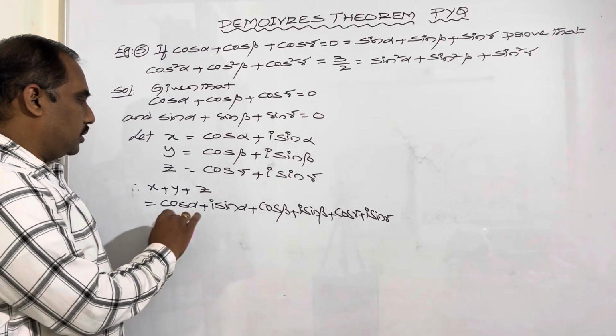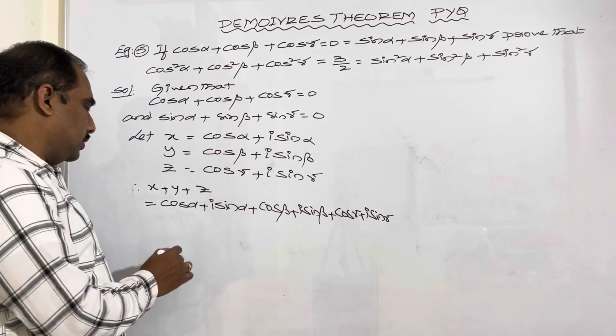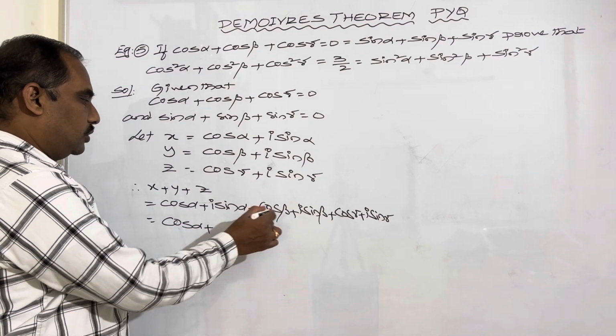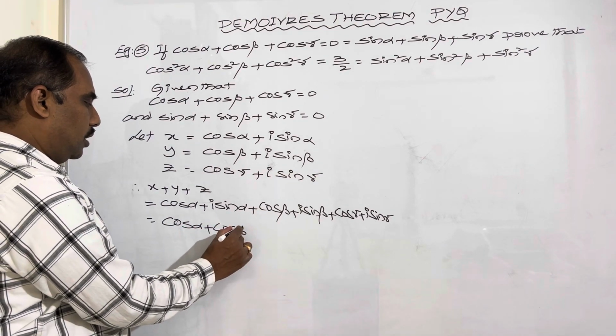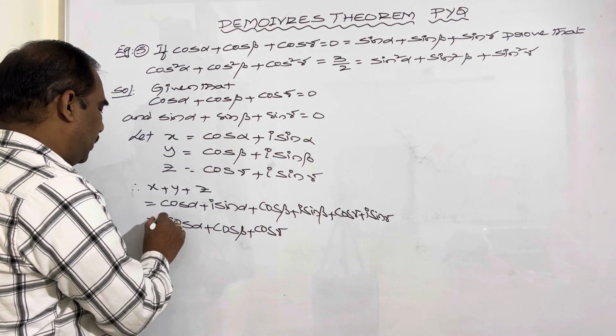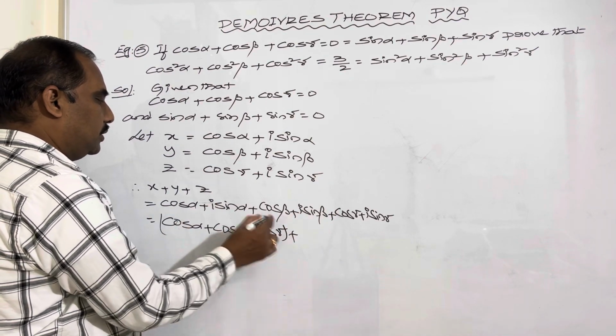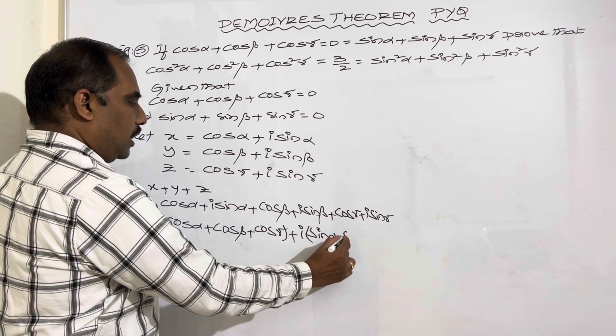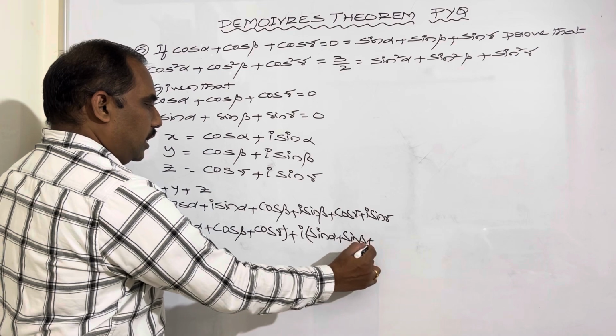Separate the real and imaginary parts: cos alpha plus cos beta plus cos gamma is the real part, and the imaginary part is I into sin alpha plus sin beta plus sin gamma.